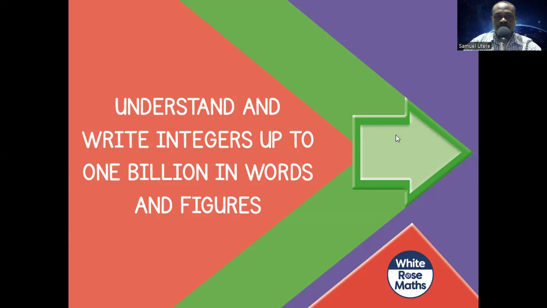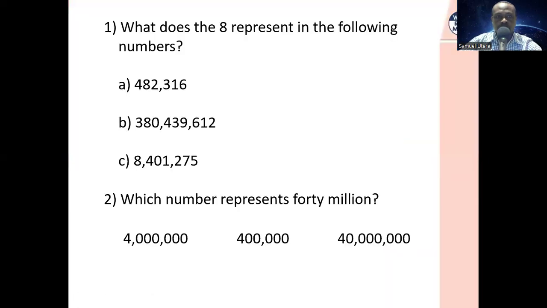But before we start, I would like you to pause the video and do the retrieval practice. You can take about 3 minutes to get this done, or even longer, depending on your pace of working.